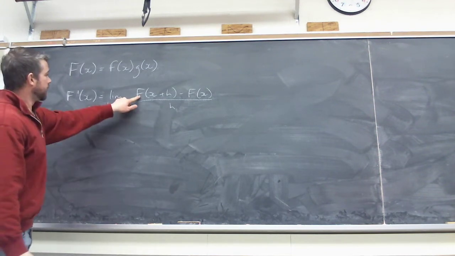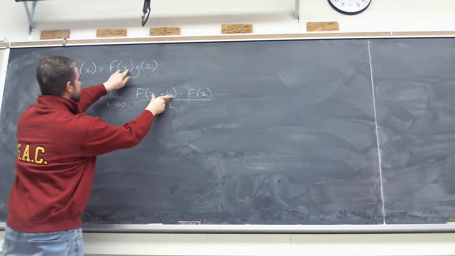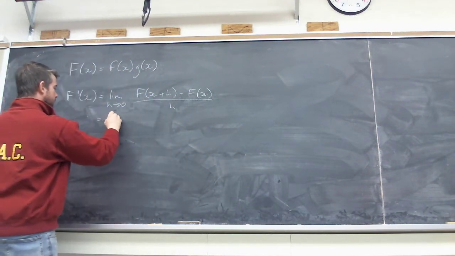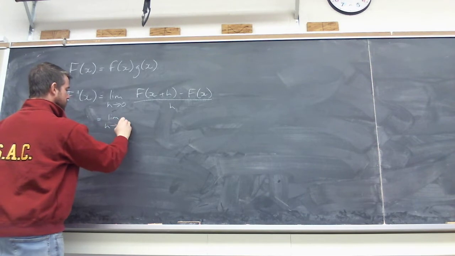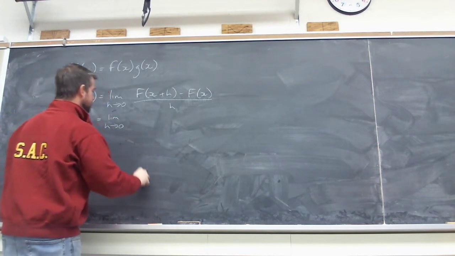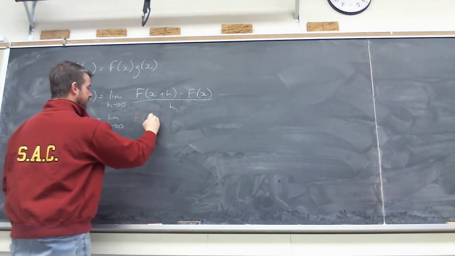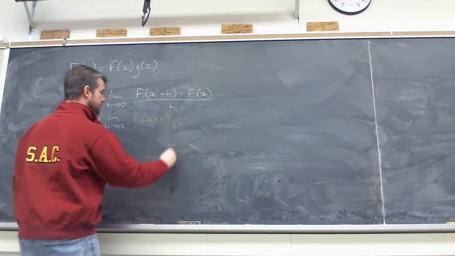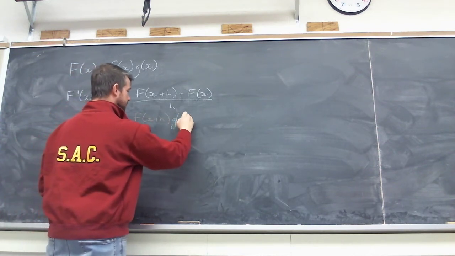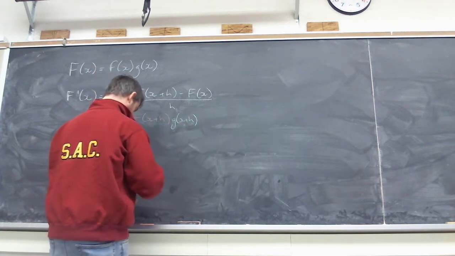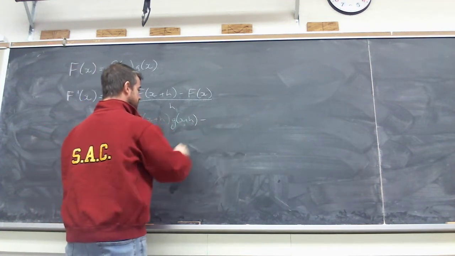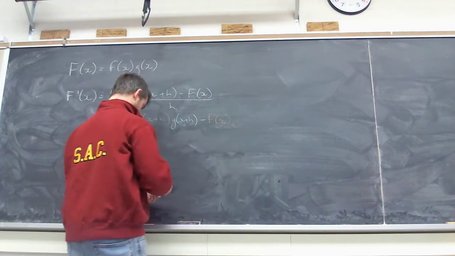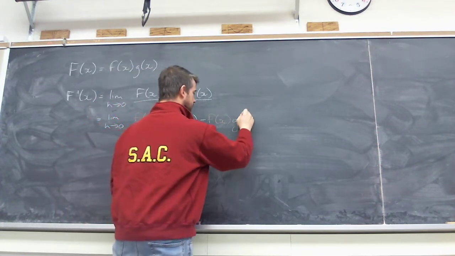Now this is capital F, so this x + h needs to be substituted into each of these terms. So this will now be the limit as h approaches 0. And I'm going to adopt some colors here. So this will be f(x + h) times g(x + h) minus f(x) times g(x).